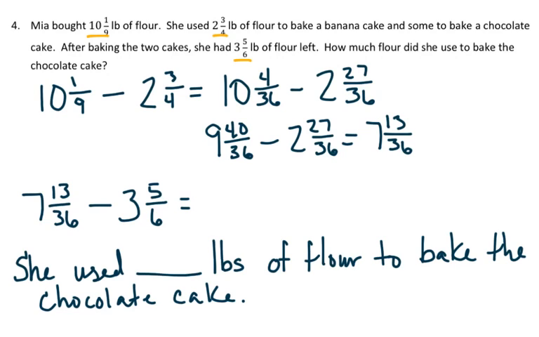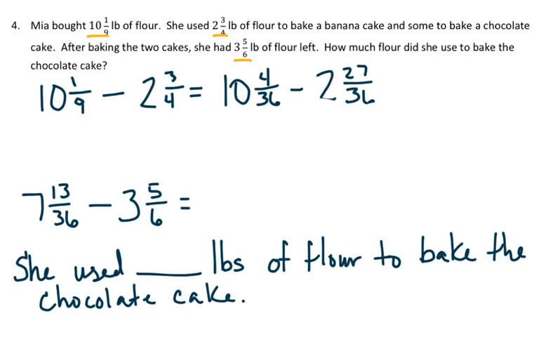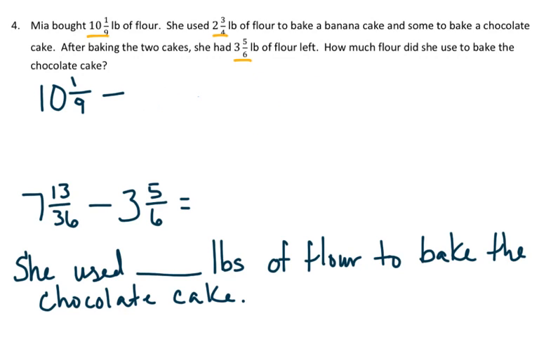I do know that she has 3 5/6 pounds of flour left after she's done with both cakes. So I'm going to subtract those two. In this situation, when I have the fraction 13/36 and the fraction 5/6, there's no need to multiply the denominators. The students should see that 36 is a multiple of 6.